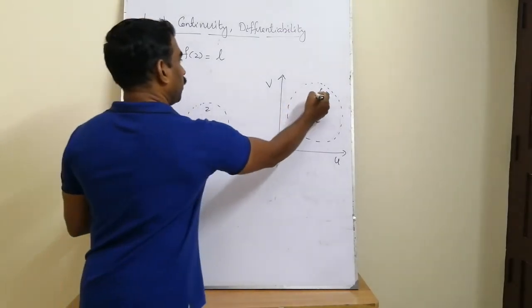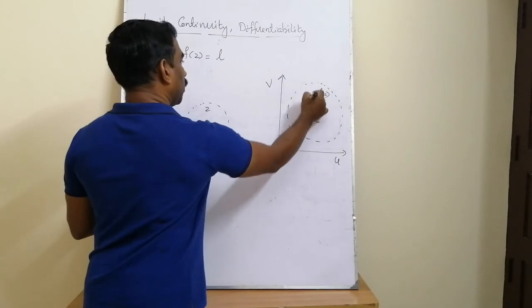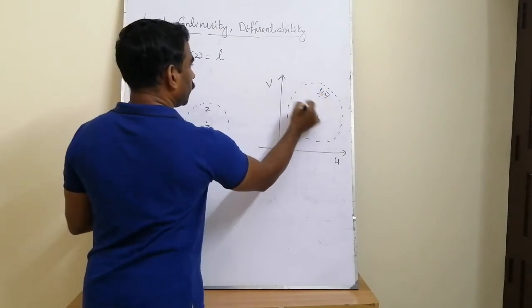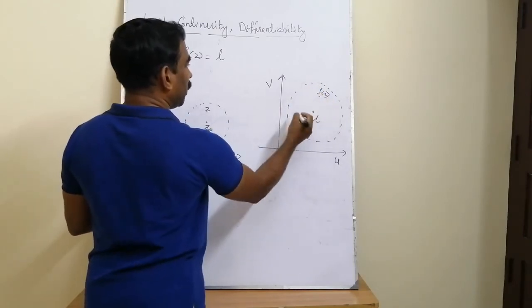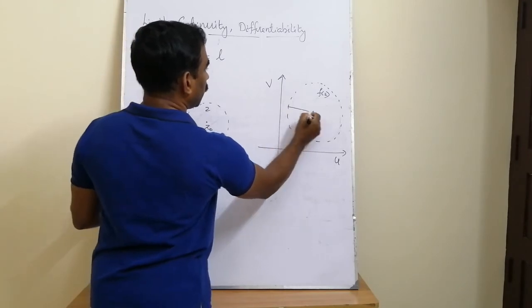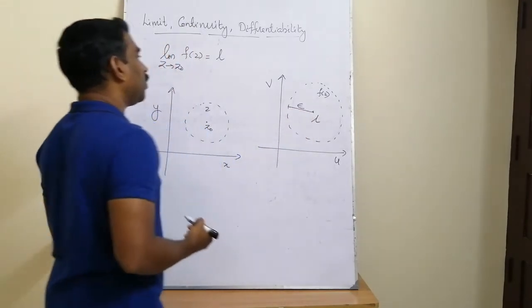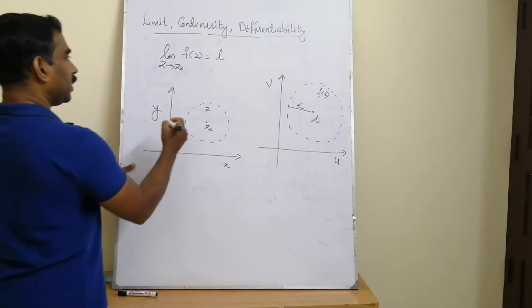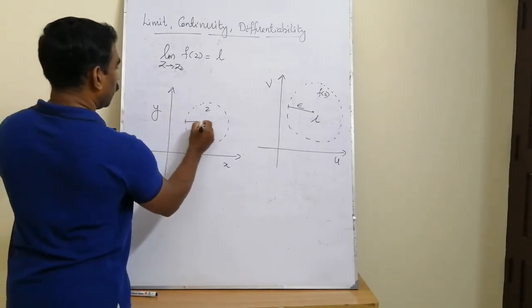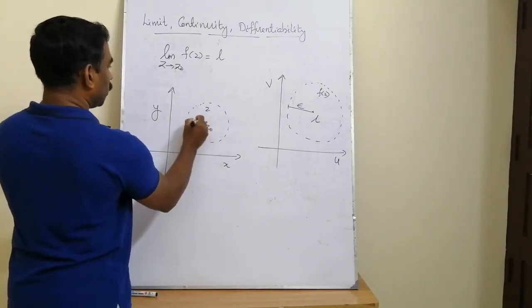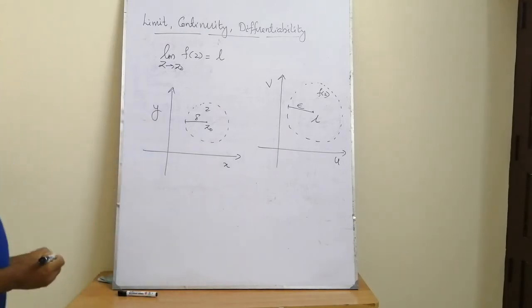Then the distance between this f(z) and L is very small. This f(z) may be anywhere in this open disk. Suppose this is very small, then the corresponding distance between our z and z0 is also small, say delta.